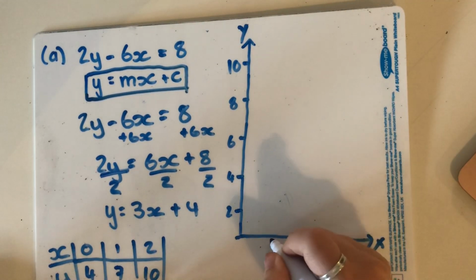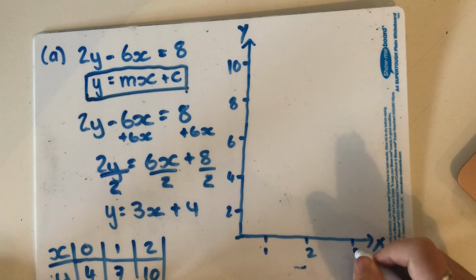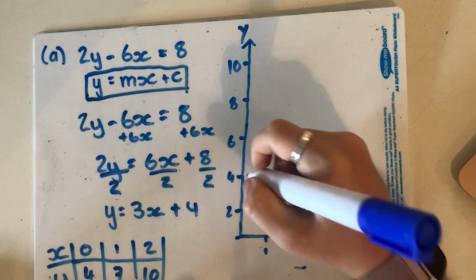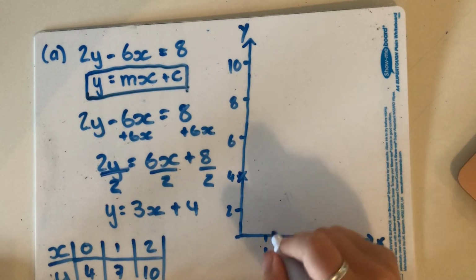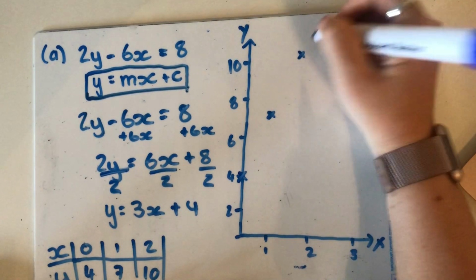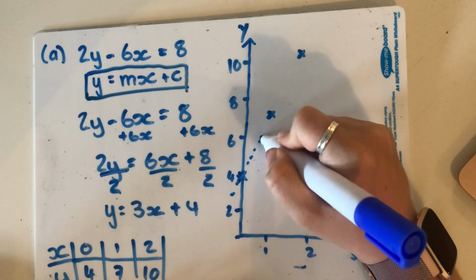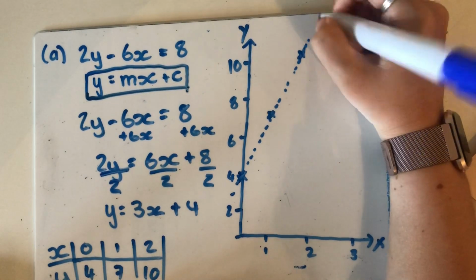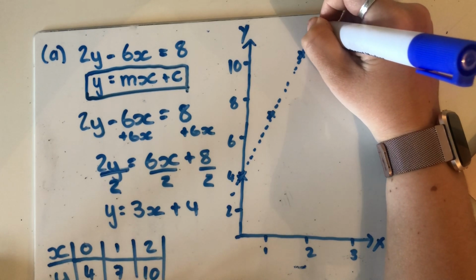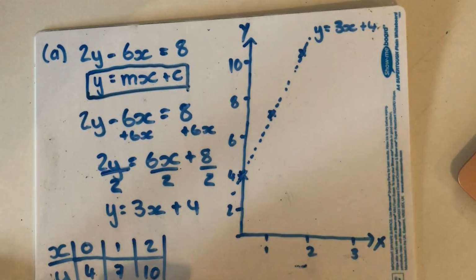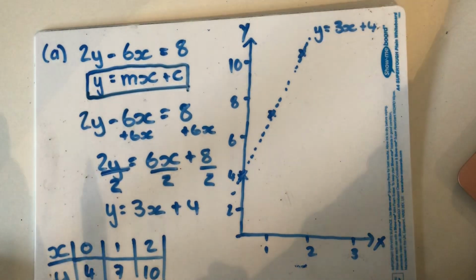Okay, so I've got 0, 4, right? So 0 along, 4 up. I've got 1, 7, 1 along, 7 up. And then I've got 2, 10, 2 along, 10 up. Okay, obviously yours will be a lot neater. You'll have squares and a ruler. Okay, and I'm just going to label that y is equal to 3x plus 4.